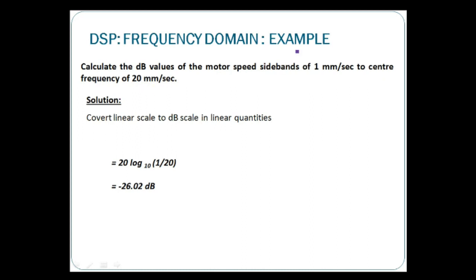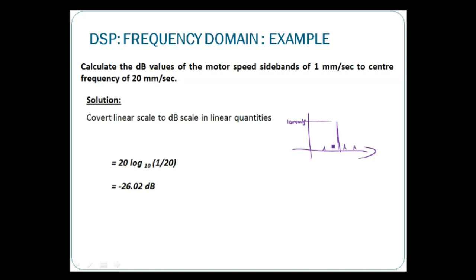That gives your sidebands' contribution toward the central frequency. Say the motor has a frequency peak here of 10 mm/s. Due to some faults, it will give additional frequency components at the sides of this motor central frequency.